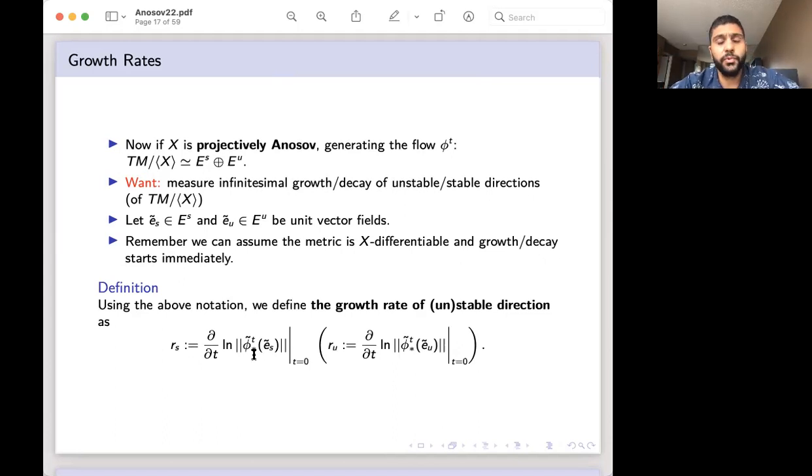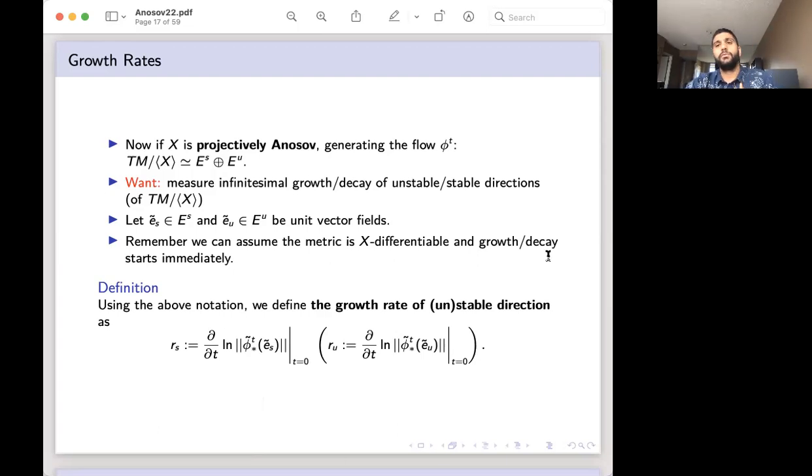I can look at the action of this Poincare linear flow on this vector and measure how fast the length of this push forward is growing. I do it once for the stable direction, and I call that RS, the growth rate of the stable direction. And I do it again for the unstable direction, and I call that the growth rate of the unstable direction.